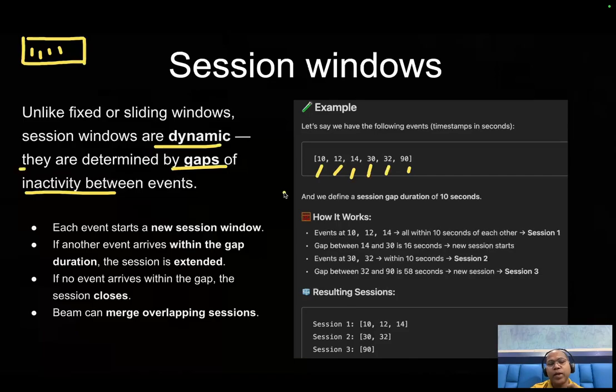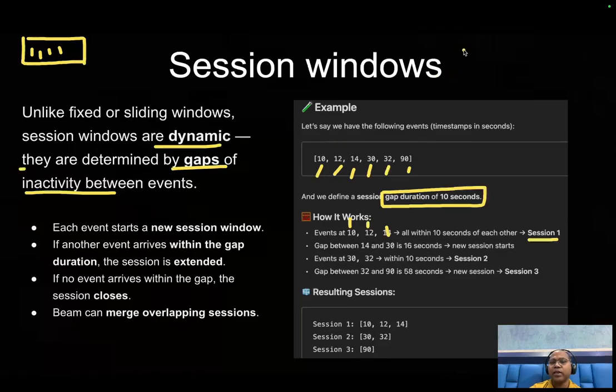Whenever any element comes into the system, a session window is started. So session one is started: 10 comes here, 12 comes here, 14 comes here. All come within the 10 seconds, so our gap duration we consider as 10 seconds.